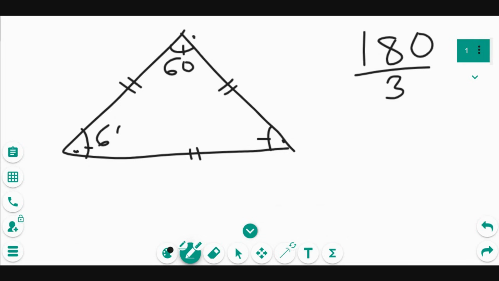This angle is 60. The sides could be any length, so I can just make it an unknown, whether it's 1, however, as long as each one is 1. All sides are equal, all angles are equal. That is an equilateral triangle.